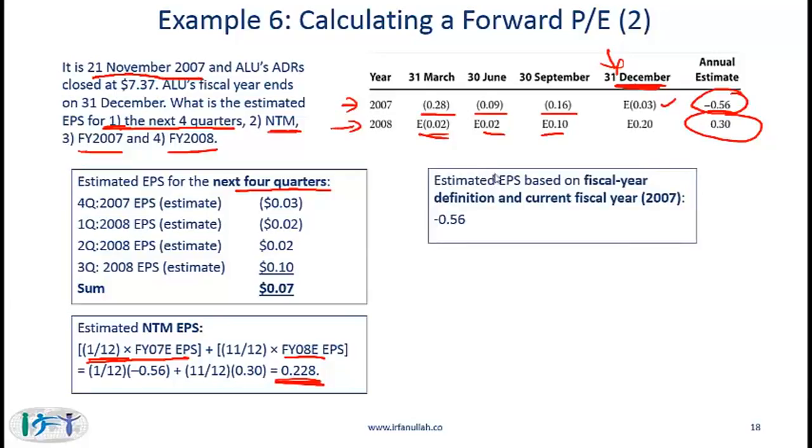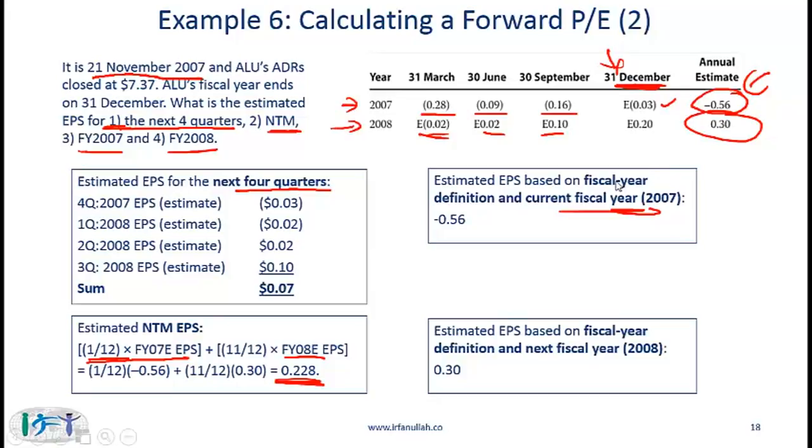Then the third one is estimate based on fiscal year definition and current fiscal year. The curriculum makes this slightly complicated when you look at their explanation, but if we are saying the definition is fiscal year 07, then just take the fiscal year 07 number minus 0.56.